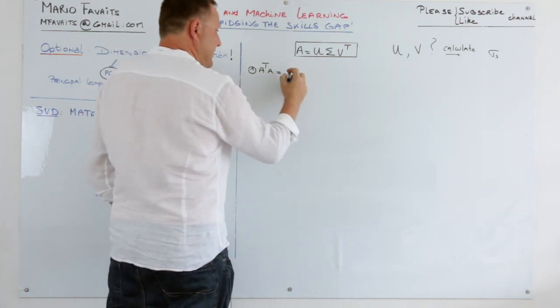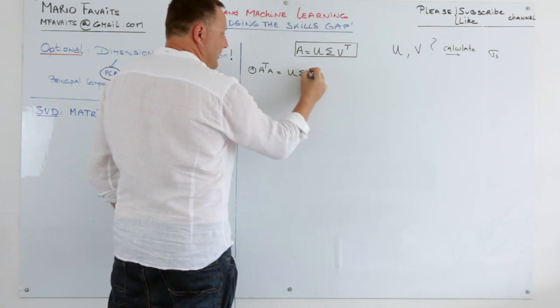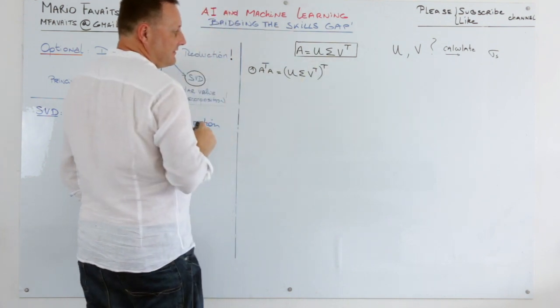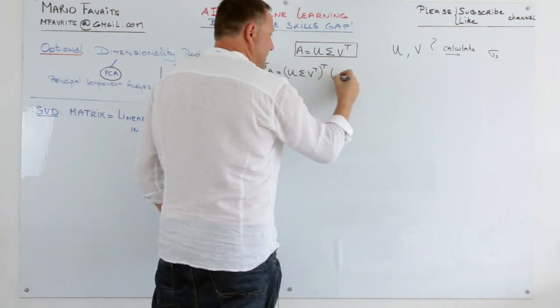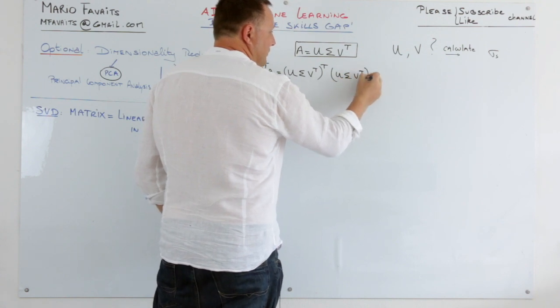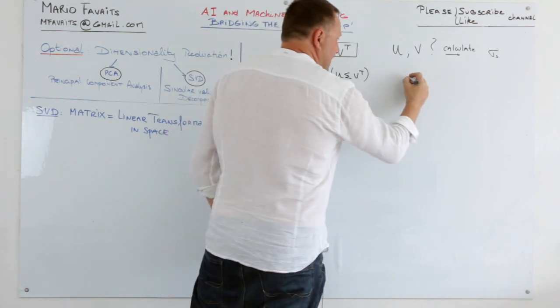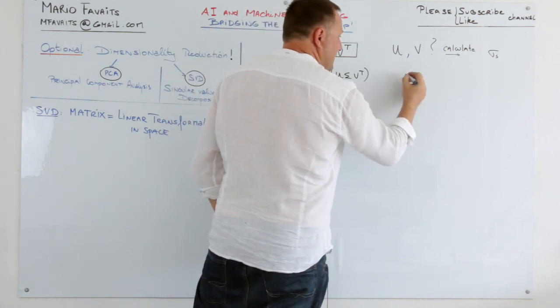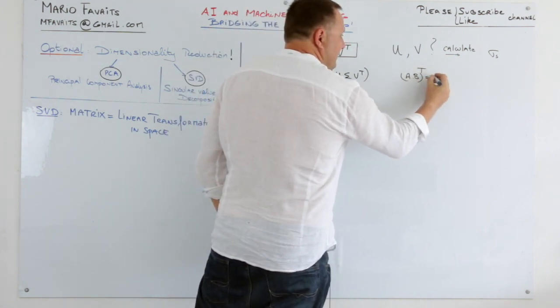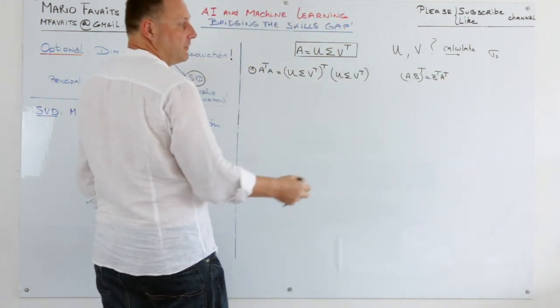A transpose A means I transpose this one, use sigma V transpose. This is A transpose times A, which is again U sigma V transpose. Now remember that (AB) transpose equals B transpose A transpose. We've seen this before.